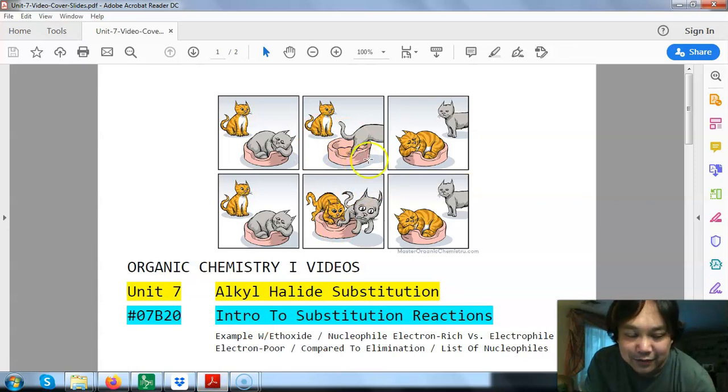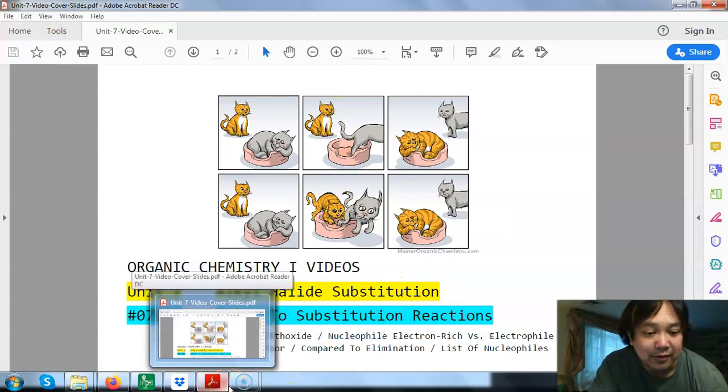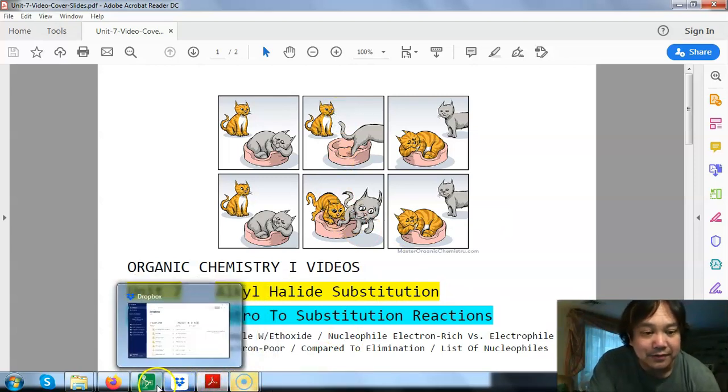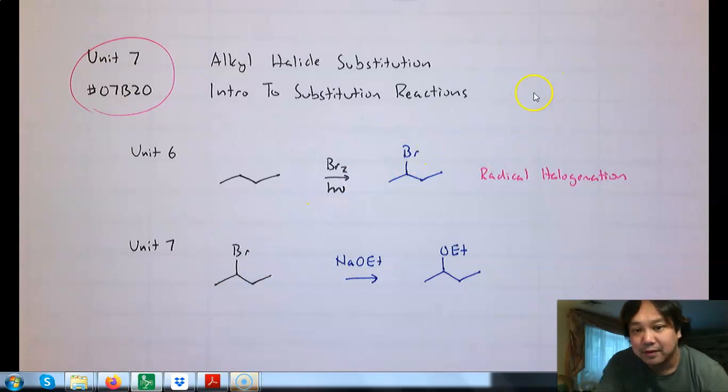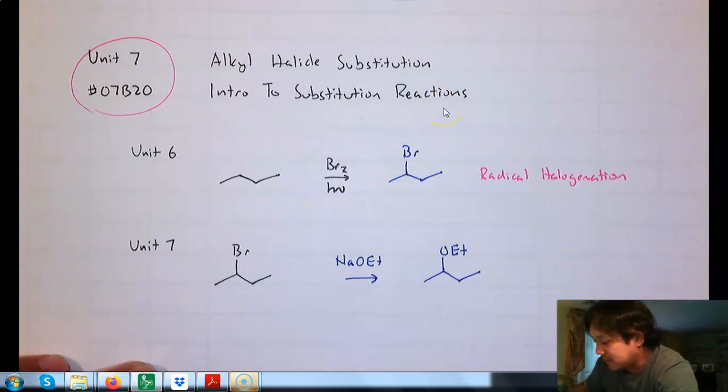Now, I'm not telling you what the process is, because all I drew was the starting material and the final products. I didn't show you any of the intermediates or any of the transition states for this reaction. That will come later, not even in this video, most likely. Okay.